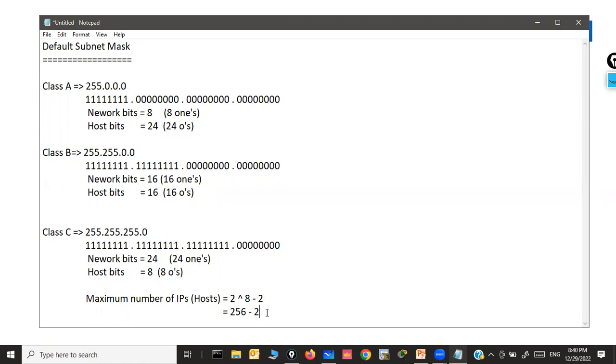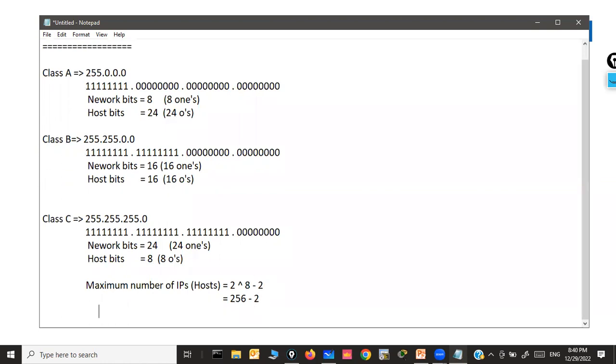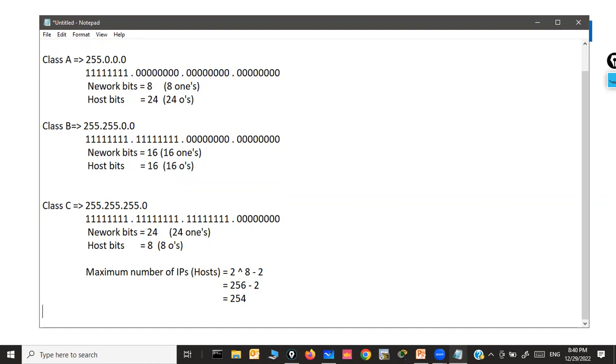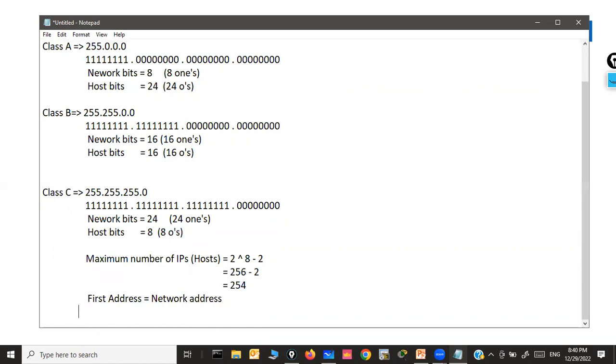And why can 2 IPs not be used in any specific class? Because of the first address and the last address. The valid addresses are 254 because the first address is reserved as the network address. I use this network address in routing, but we cannot assign the first address to any end device.